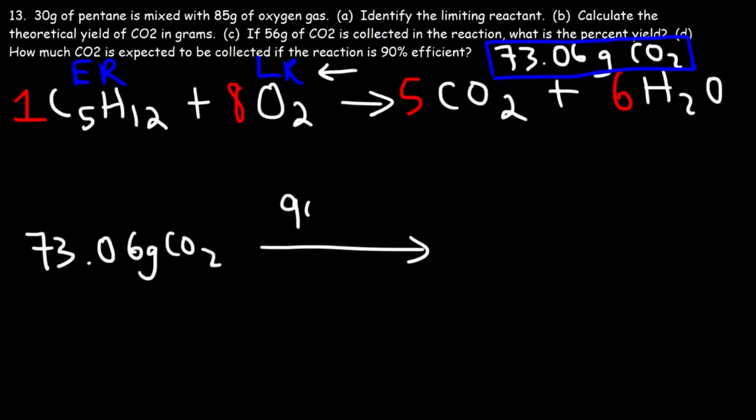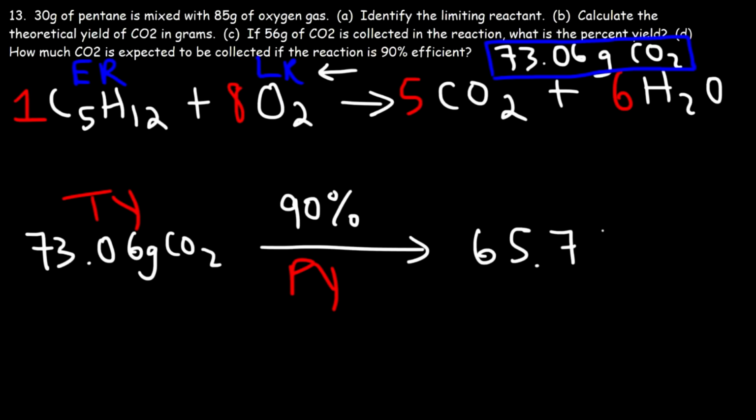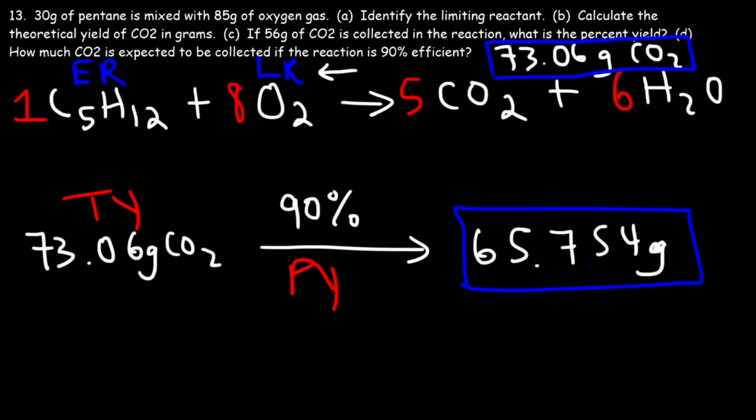Now, if the reaction is 90% efficient, that is, if the percent yield is 90%, what is the actual yield? So all it is, is 73.06 times 0.90. And so you should get 65.754 grams. So if the process is 90% efficient, this is going to be the actual yield.